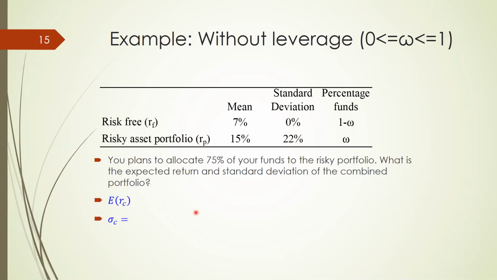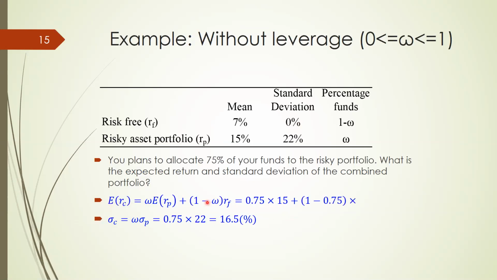The expected return would take the weighted average, 75% weight on 15% and 25% weight on 7%, and we do the same thing for sigma, keeping in mind that the risk-free sigma is 0. Then the expected return of the combined portfolio is 13%, and the standard deviation of the combined portfolio is 16.5%. Again, this is a weighted average with the second term being 0.